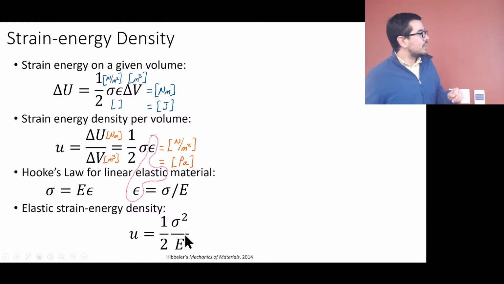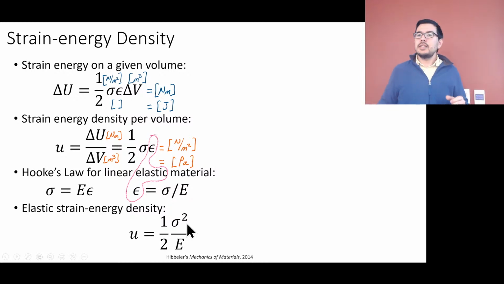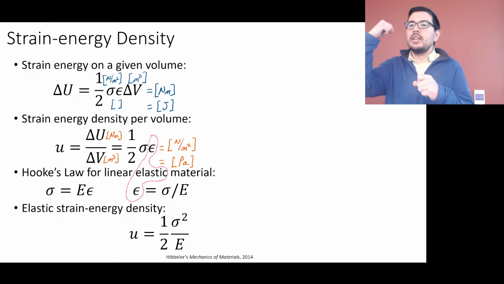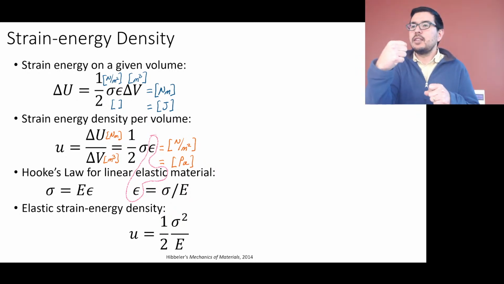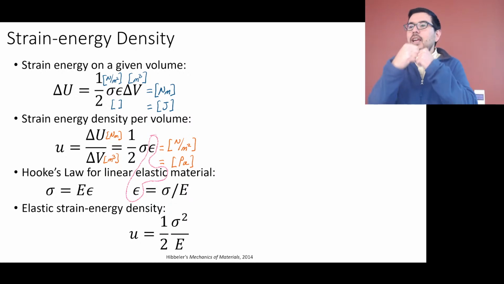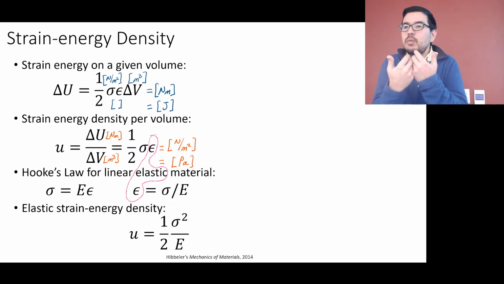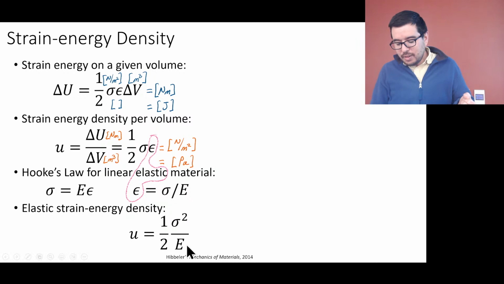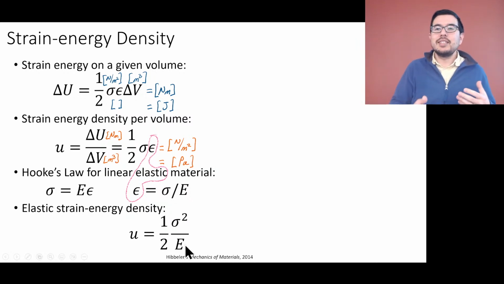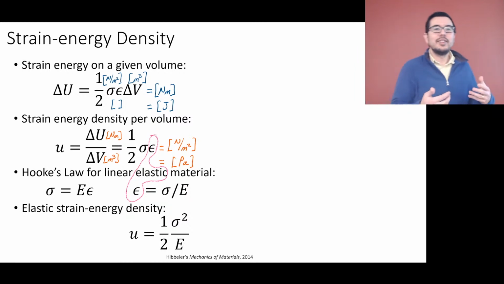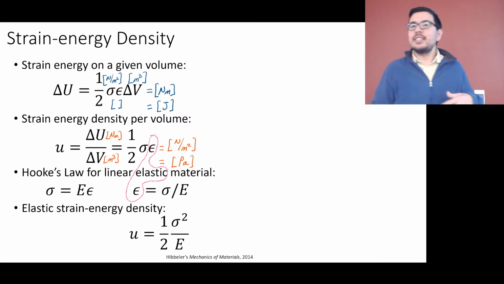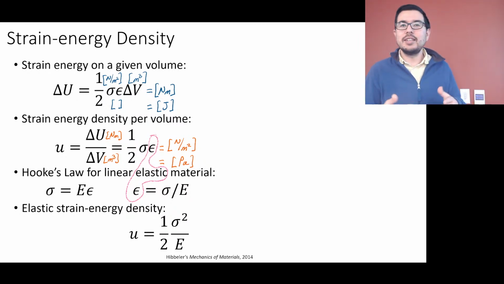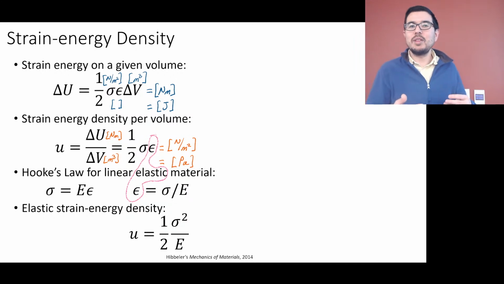What does this say? Well, if I put in more stress, I have more strain energy per volume. What's interesting is that if my elastic modulus is higher, I actually get less strain energy density per volume for a given amount of stress.